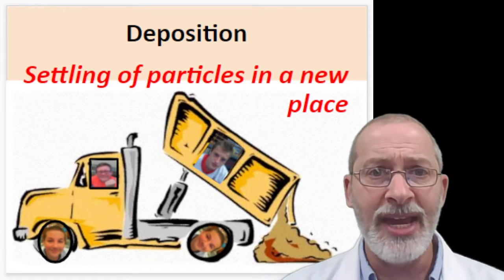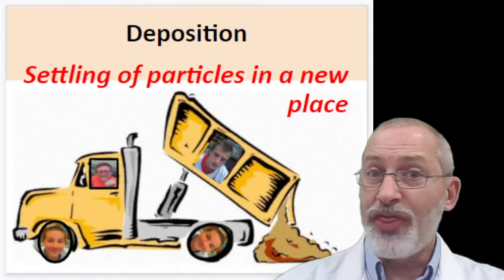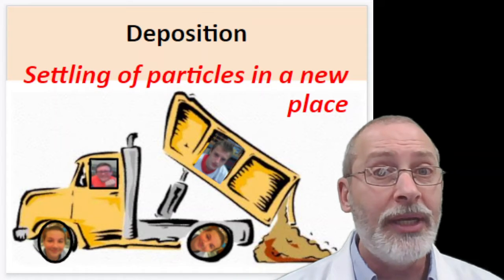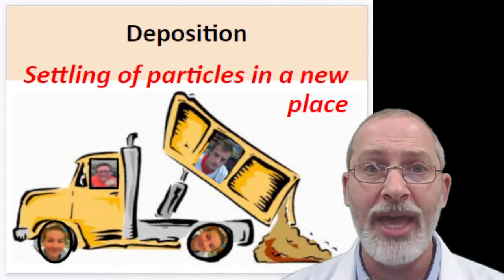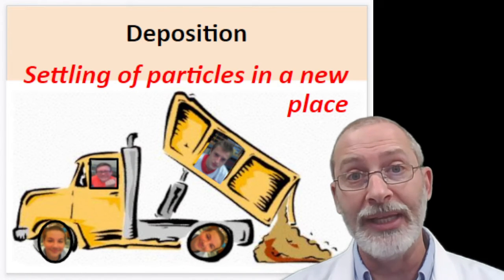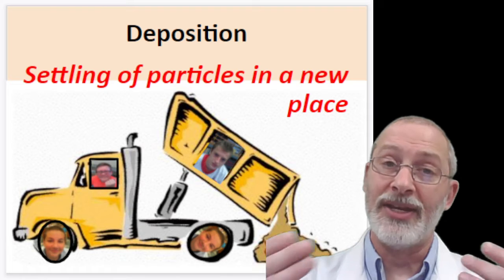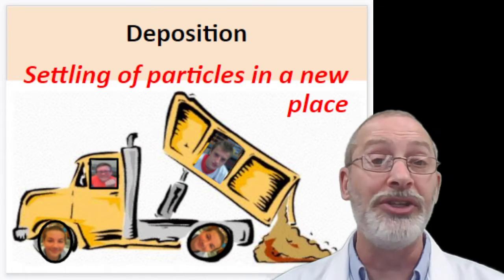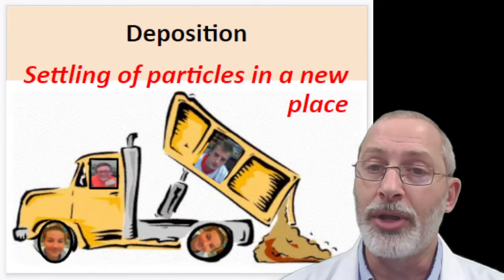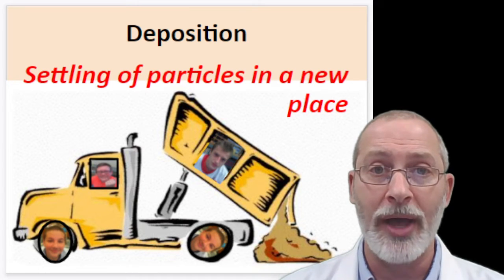It takes energy to weather materials in order to allow them to be eroded. And when that energy is released and allowed to settle down, then the particles will settle out as well.